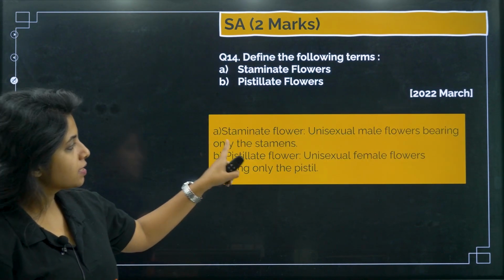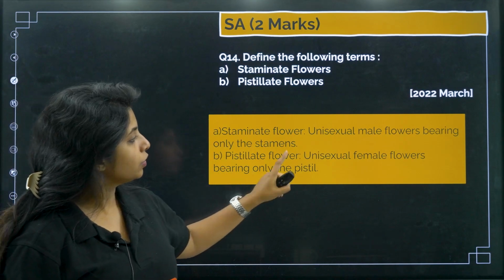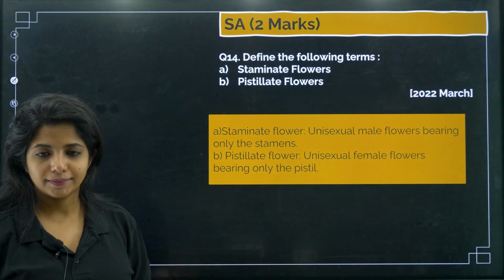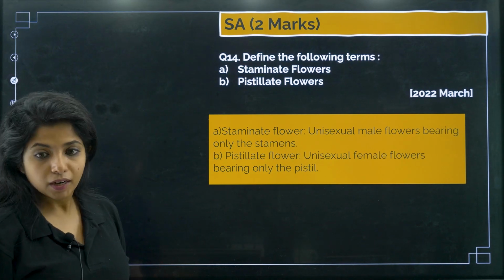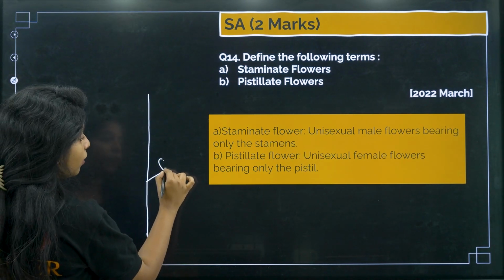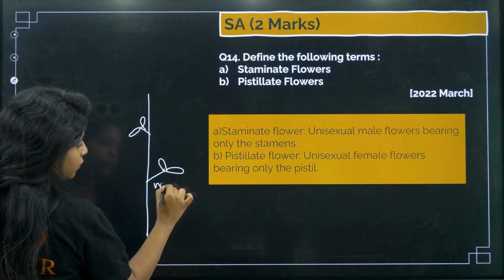So this is the definition. Staminate flower, unisexual male flower bearing only the stamens. Pistillate flower, unisexual female flower bearing only the pistil. Okay, that is the thing. Now suppose you have a plant like that, where you have all the unisexual, all of them are male flowers.